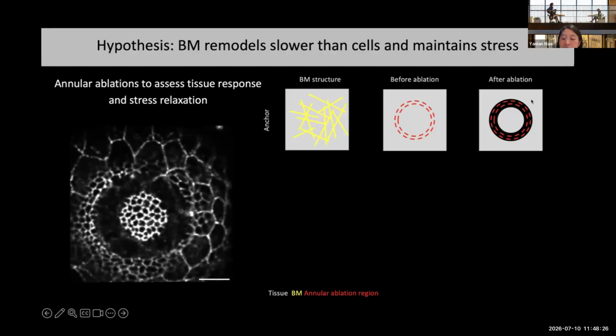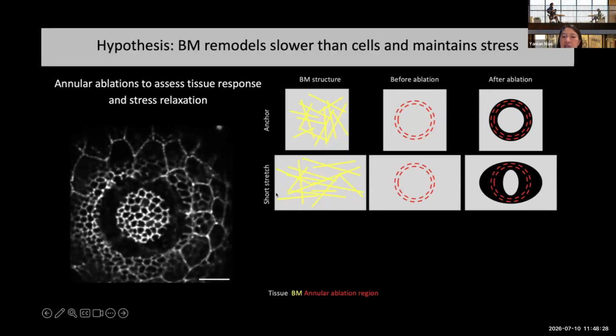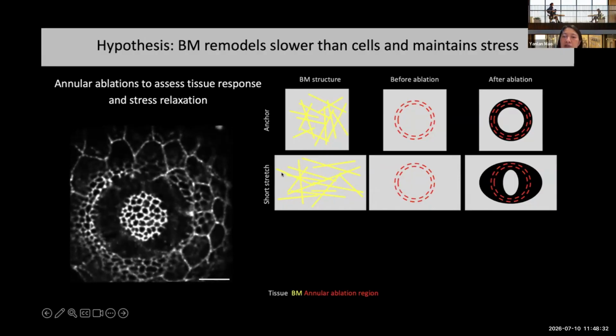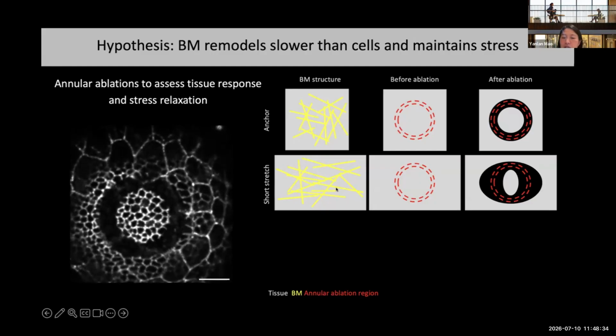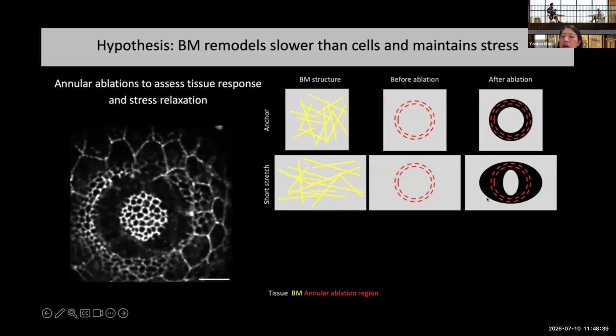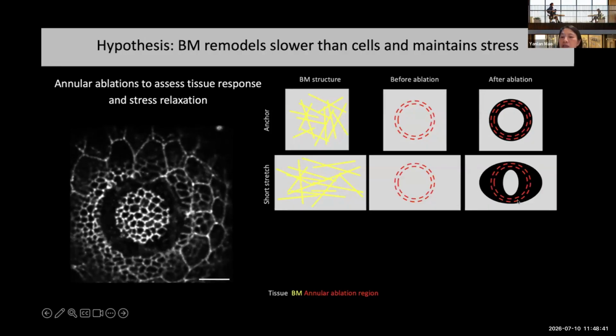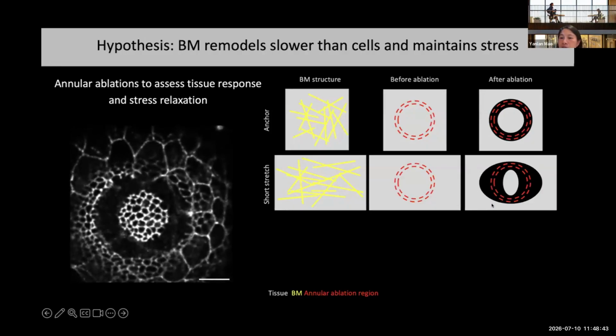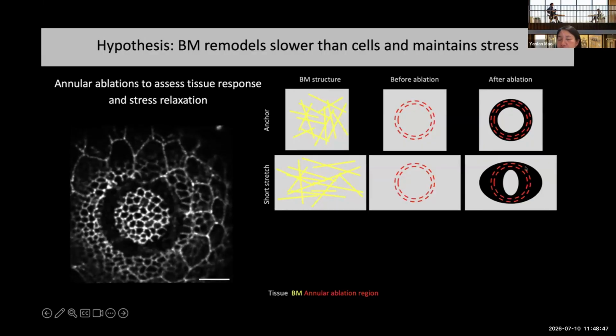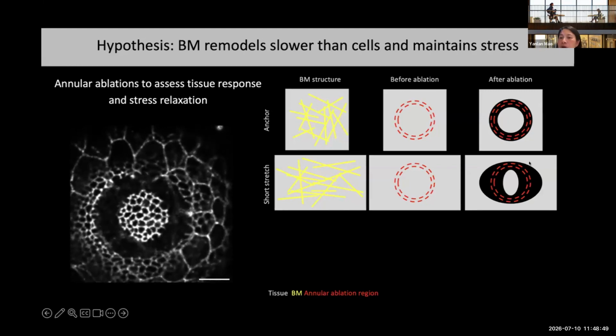And so if there is stress, for example, we apply stress by stretching it, and we hypothesize that this induces the fibers to align as you would in a network. We do the same circular ablation, and we should be able to measure this increase in stress that we've applied along the x-axis, because the tension will be higher on the long x-axis, and this should be visible by this ring analysis.